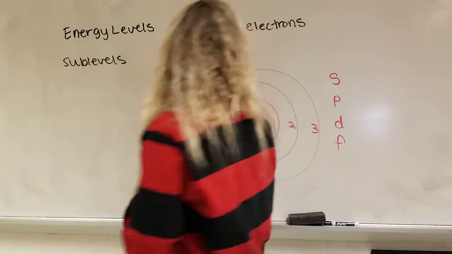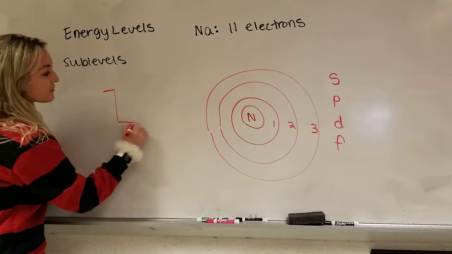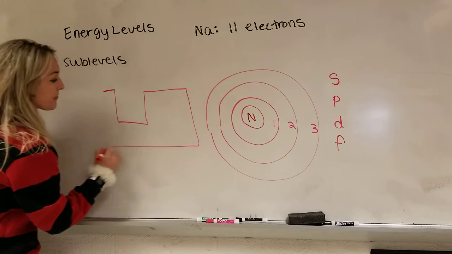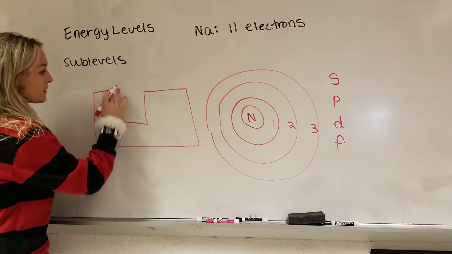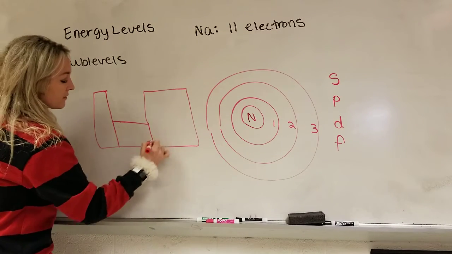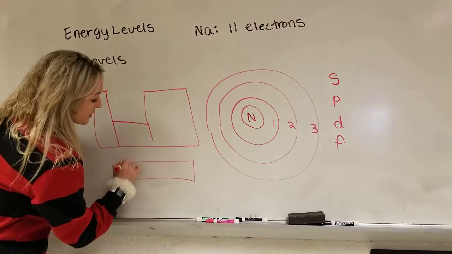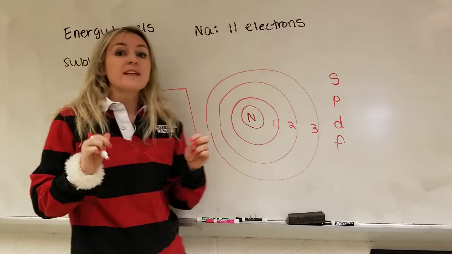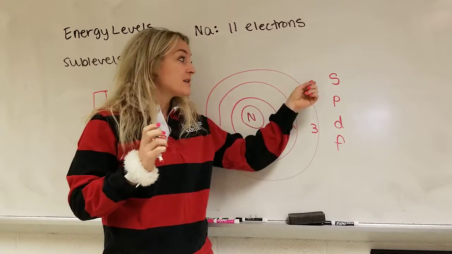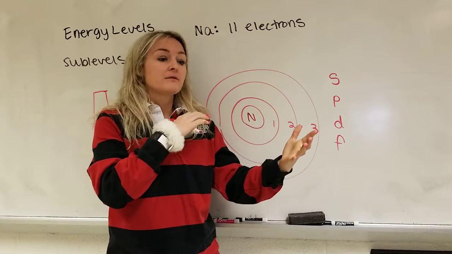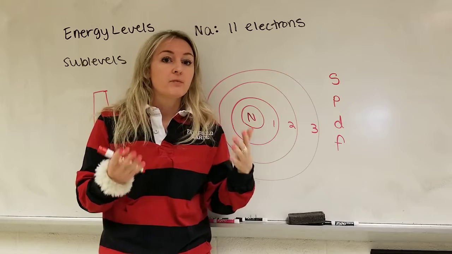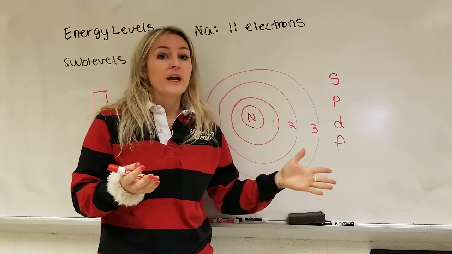So if you look at the periodic table, I'm going to draw just a rough sketch like this. This is our rough sketch of our periodic table. What we're going to do is have blocks. We call them S block, P block, D block, and F block because they're just areas on the periodic table where those sublevels are organized.